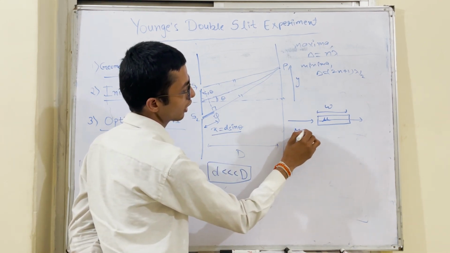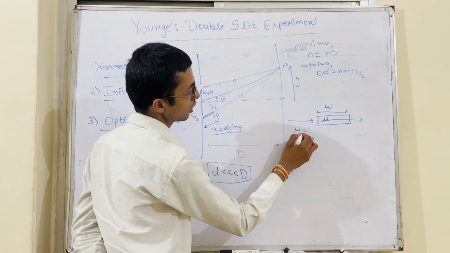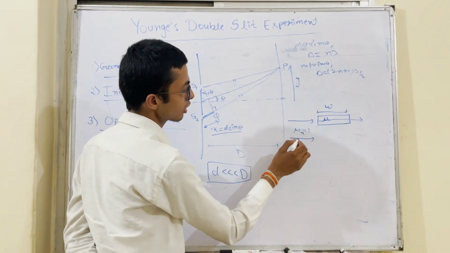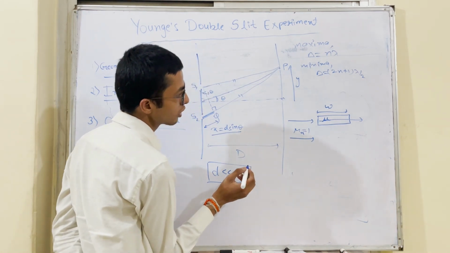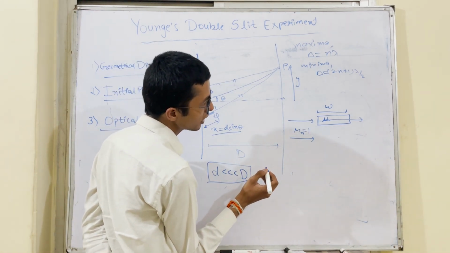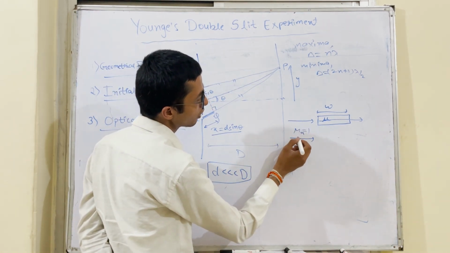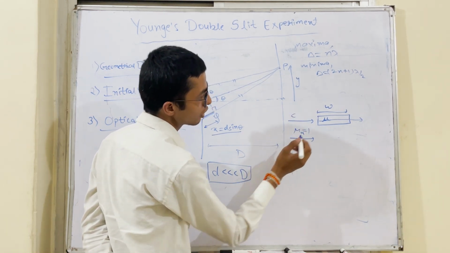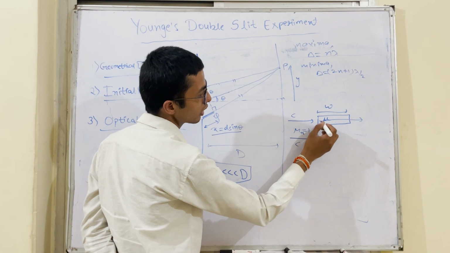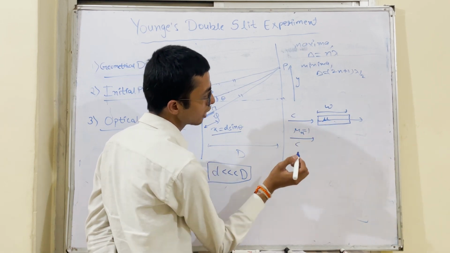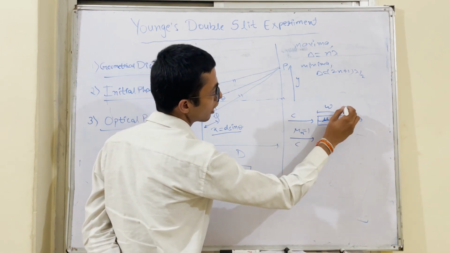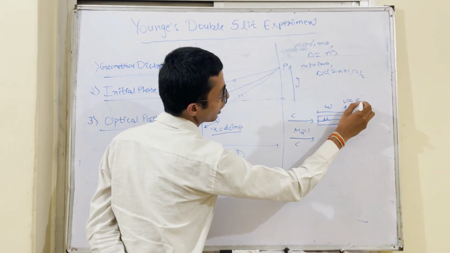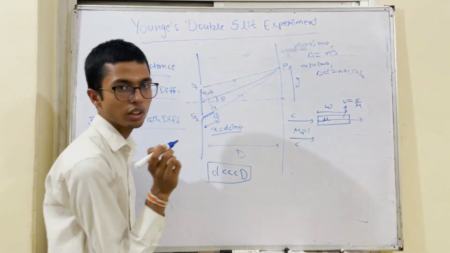The refractive index of air is 1. So if the speed of the light wave in air is c, what is the speed of the light wave in this medium? Here the velocity will be c by mu, correct?